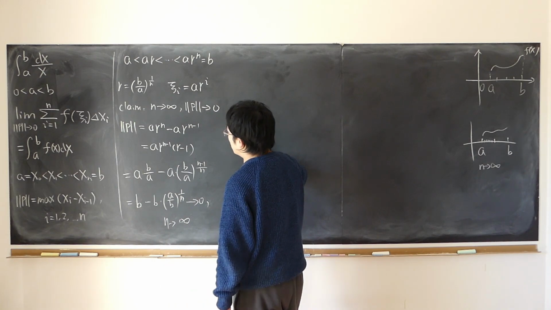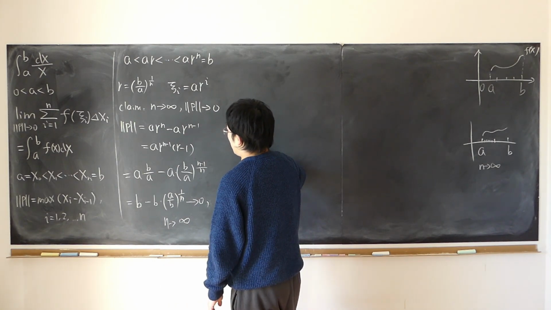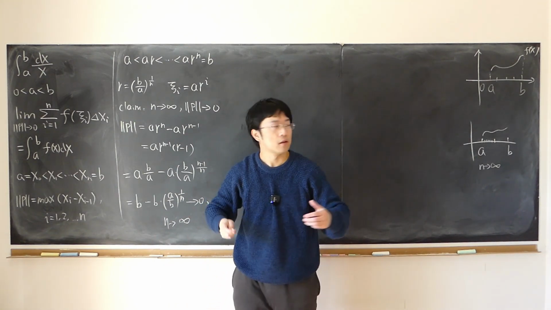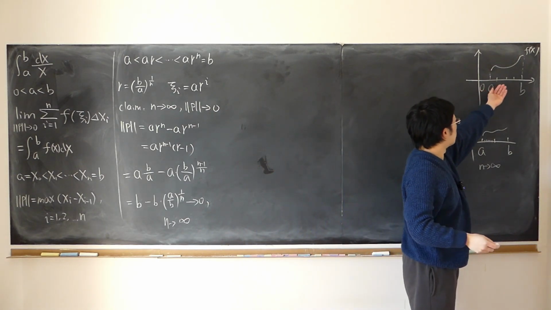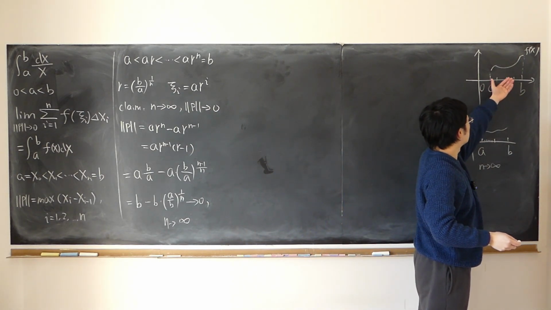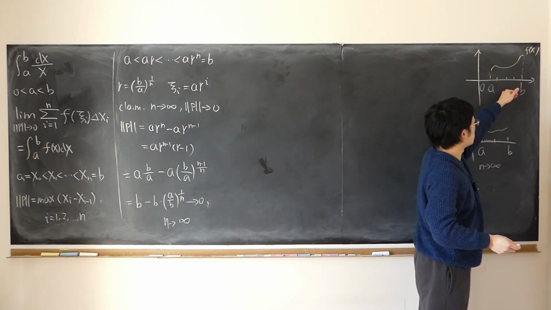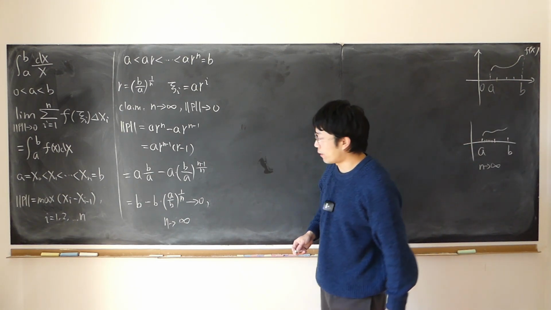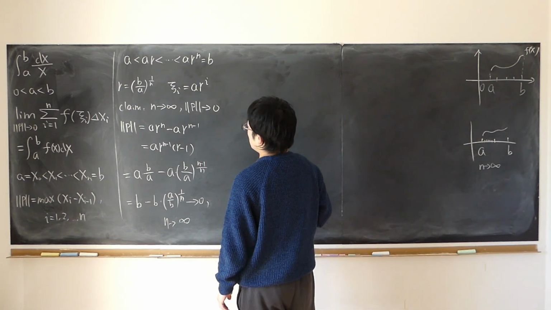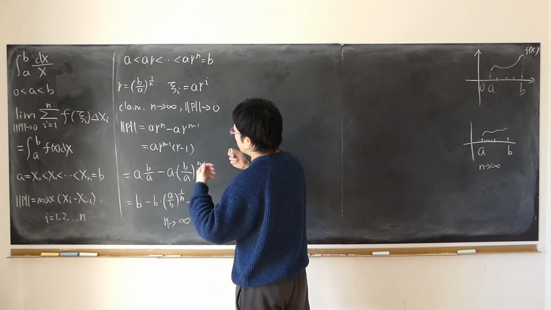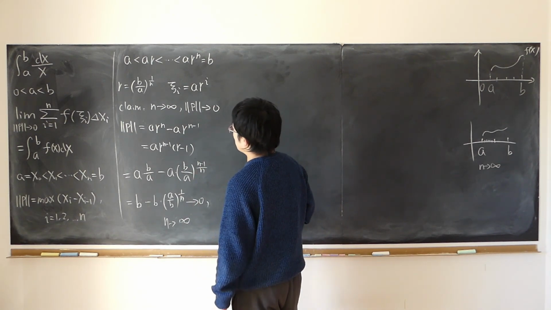So really I've proven that as I have more and more small intervals, my biggest small interval can get small enough, right? So in other words, I can have a more and more dense partition in that case.